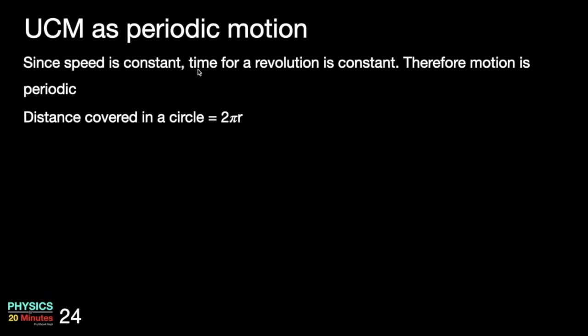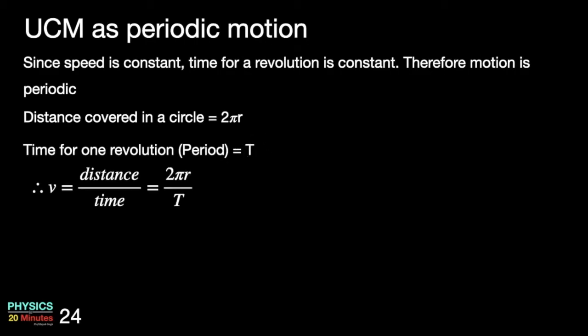So the distance traveled by the particle in one circle is 2 pi r, and let's say the time taken for one revolution, which we will call period or time period of the circular motion, we will call it as T. Therefore the velocity, which is also distance upon time, can be written as 2 pi r upon T, and therefore a radial, which is v square upon r, can also be written as 4 pi square r by T square. Uniform circular motion as a periodic motion has huge importance in physics.